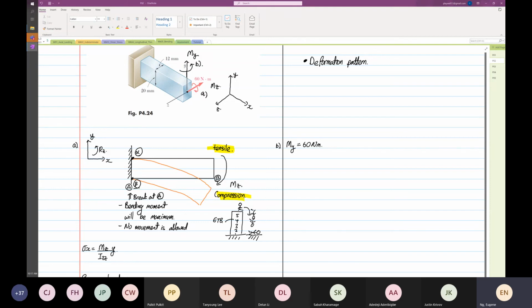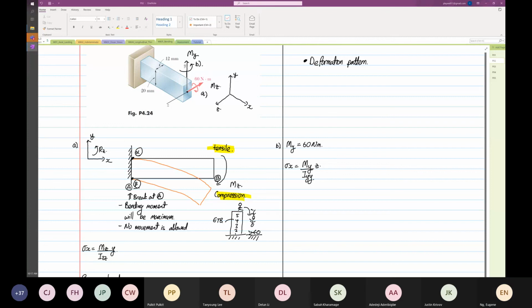So stress in the x direction is equal to My over Iyy multiplied by z now. You see the difference: for Mz it is Mz over Izz multiplied by y, but when it's in y, it's My over Iyy multiplied by z.